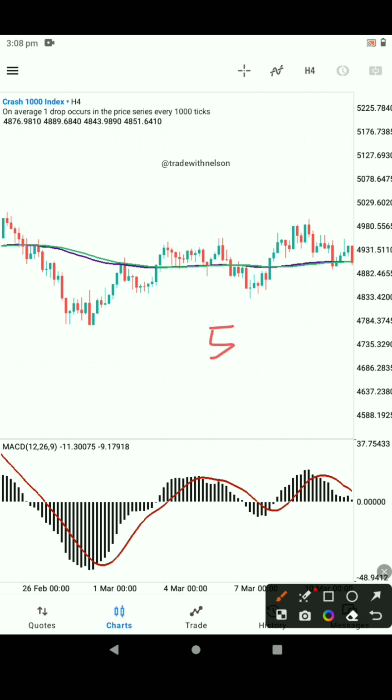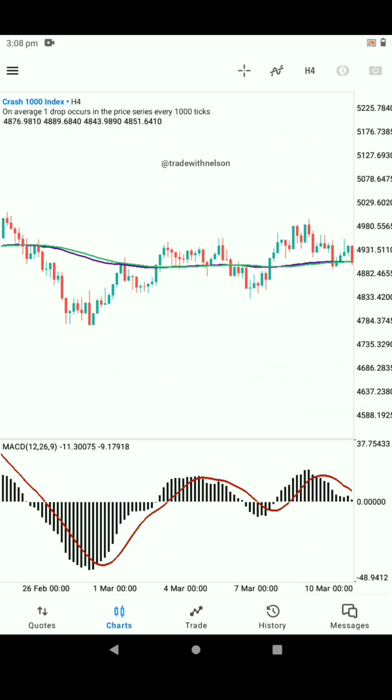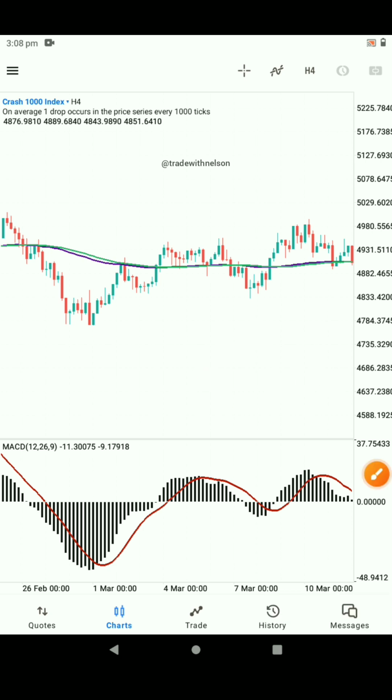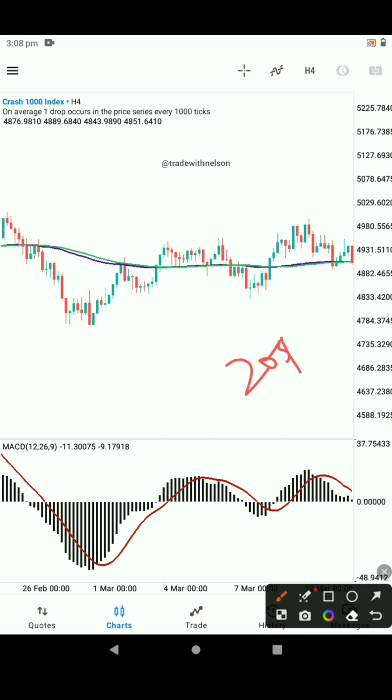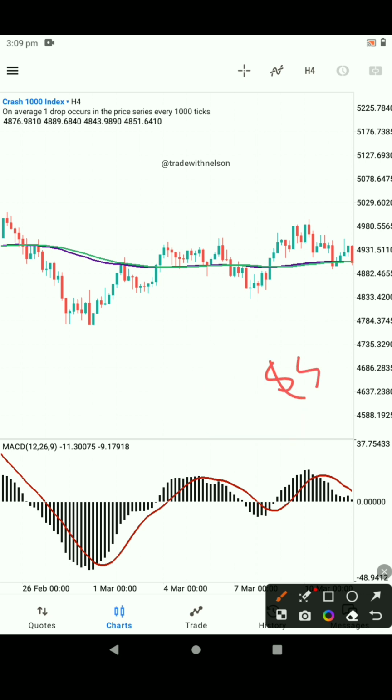If you win 5 trades and you only focus on times 2 of your money, that is 2 RR, for $10 you make $20 each. $20 times 5, $100. Out of this $100, you lose 5 trades. That is $50.